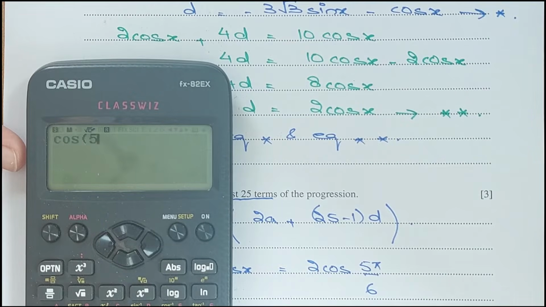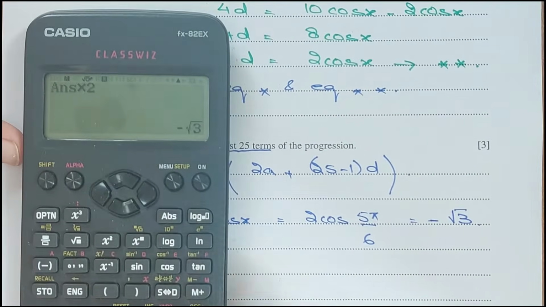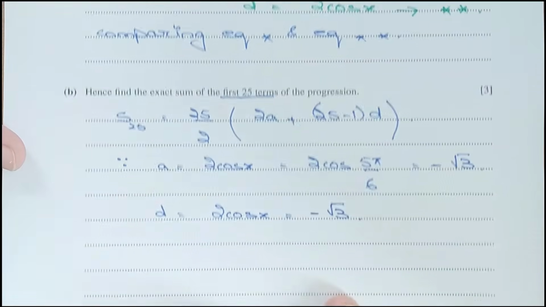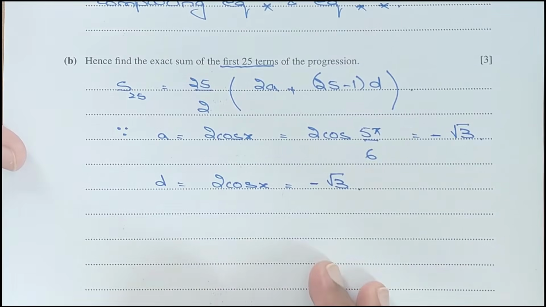Cos 5 pi by 6 times 2 is negative square root of 3. This is the a value, and the d value is 2 cos x, which is again negative square root of 3.